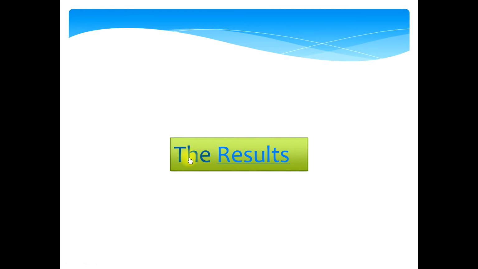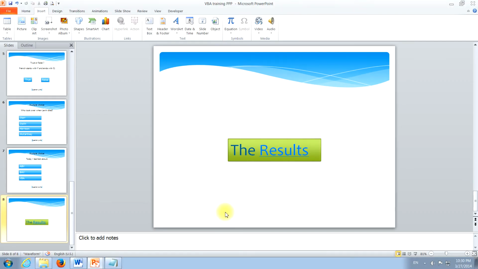So if I run this show, this one here is highlighted, and this is the word to which I have assigned the VBA code. Of course, you can always set it up in any way you want. It doesn't matter to me. Okay, so far so good.